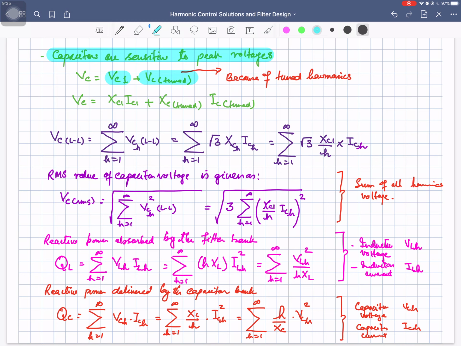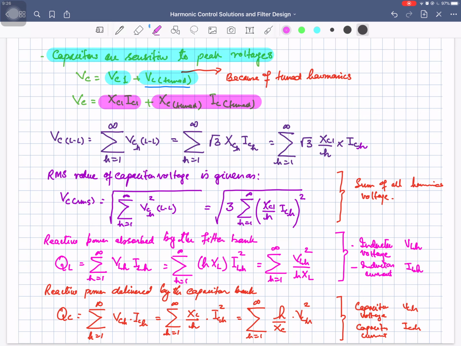So, the voltage across the capacitor can be written as Xc1 into Ic1, where Xc1 is the fundamental frequency reactance and Ic1 is the fundamental component of the current, and this Vc tuned can be written as Xc tuned into Ic tuned. So the capacitor voltage will be given by this equation.